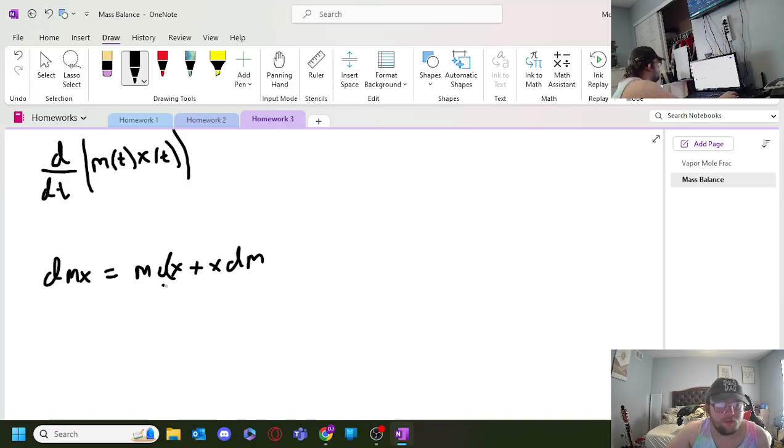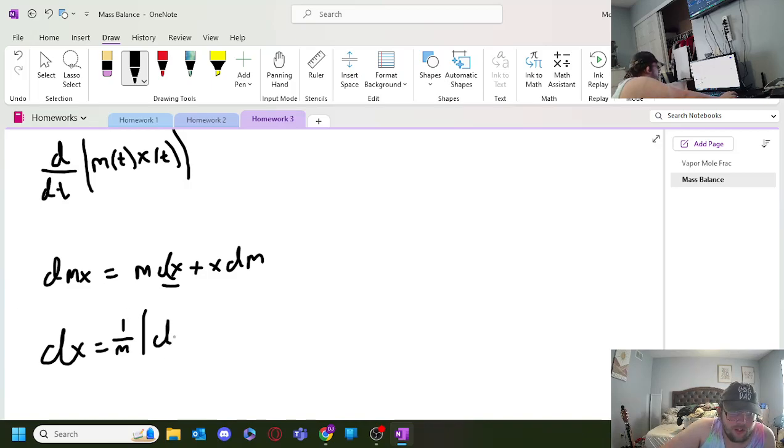And then all I gotta do from here is solve for dx. So by solving for dx, we get dx equal to 1 over the moles in each stage multiplied by the change in moles of X of A, subtracted by the molar composition or the liquid composition in each stage multiplied by the change in moles of each stage.